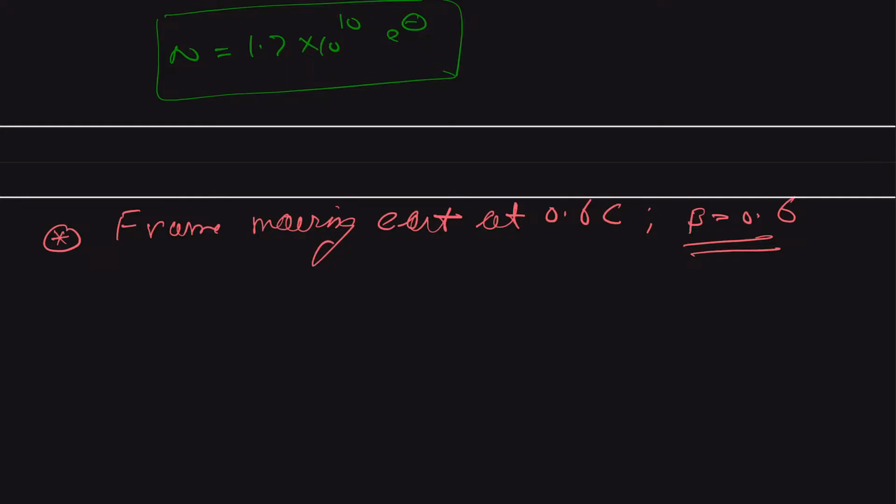Therefore we can write that our gamma is equal to 1 upon the square root of 1 minus beta square. That is the standard formula, which gives us 1 upon the square root of 1 minus 0.36, and it's approximately equal to 1.25.